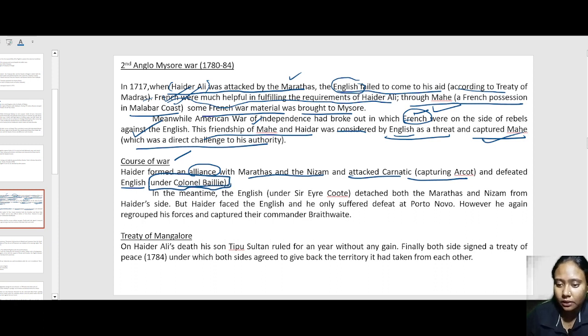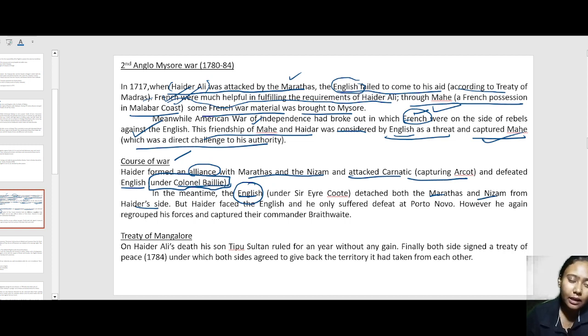In the meantime, the English under Sir Eyre Coote detached both the Marathas and the Nizam from Hyder's side, successfully breaking the alliance.